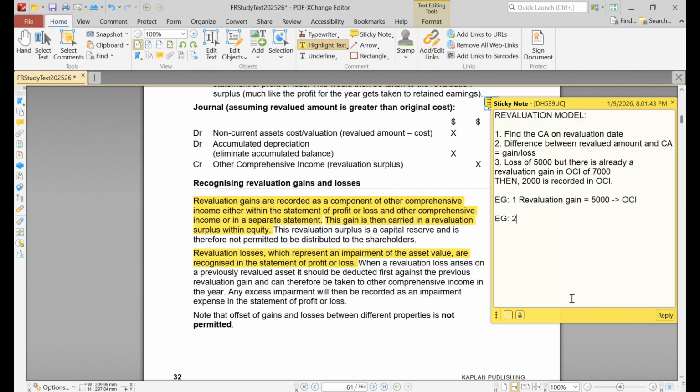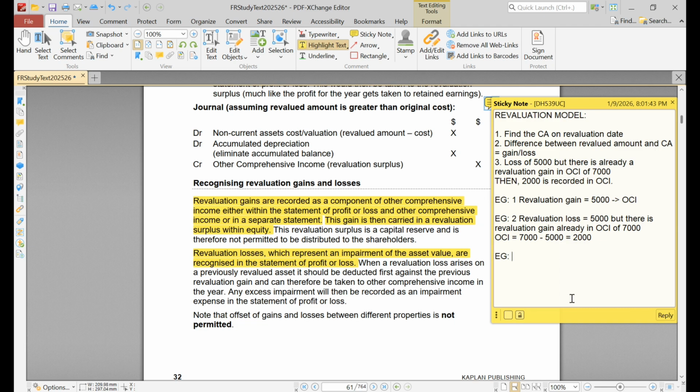In example 2, there is a revaluation loss of $5,000, but there is a revaluation gain already in OCI for the same asset of 7,000. Then in OCI, you would record 7,000 minus 5,000 equals 2,000.